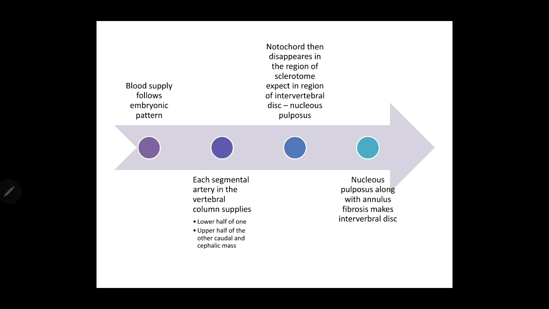Hence the nucleus pulposus, obviously all of us know that the intervertebral disc has two components: the outer annulus fibrosus, which is tough and resilient, and the inner part of the intervertebral disc, called the nucleus pulposus, otherwise known as the jelly-like thing. So it is this nucleus pulposus which, when it herniates by a breach in the outer annulus fibrosus, results in intervertebral disc prolapse.